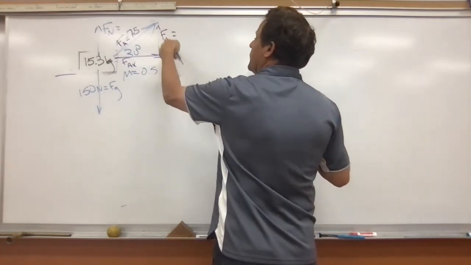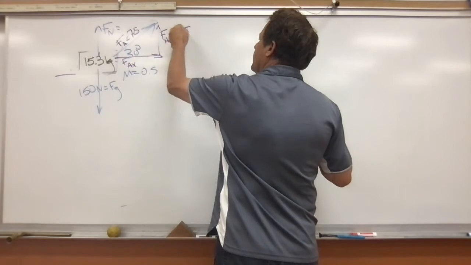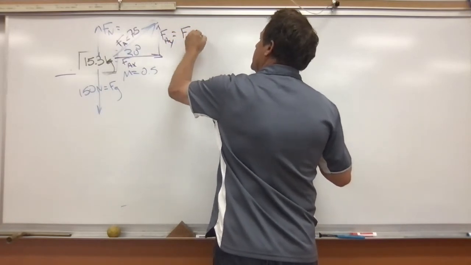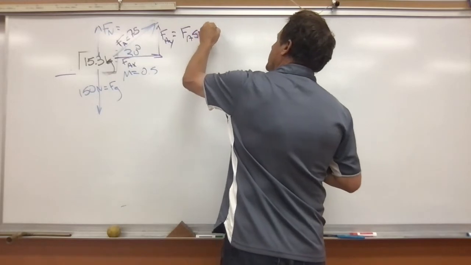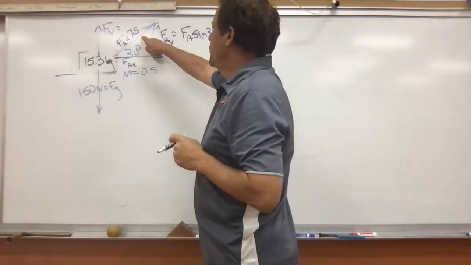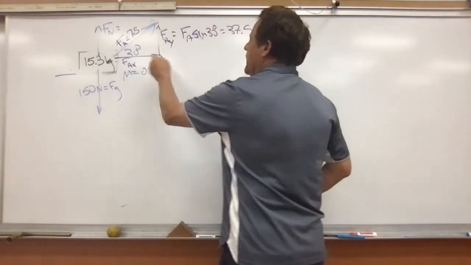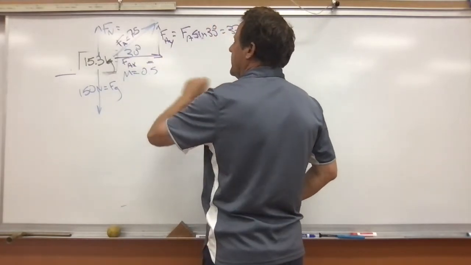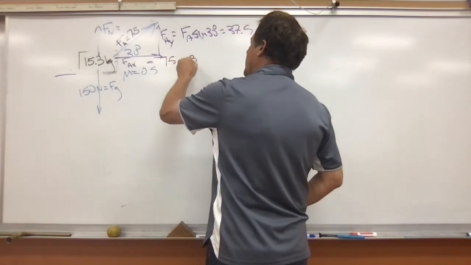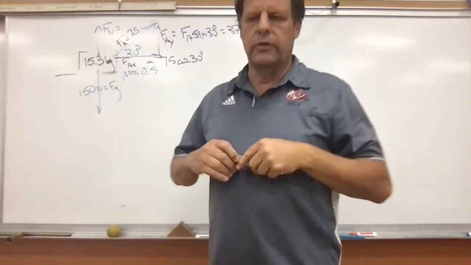Our force applied in the y is going to be force applied times the sine of 30 degrees, which is going to be 37.5, or just half of that.